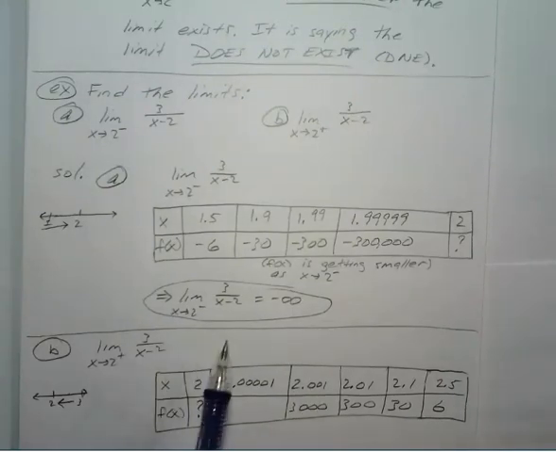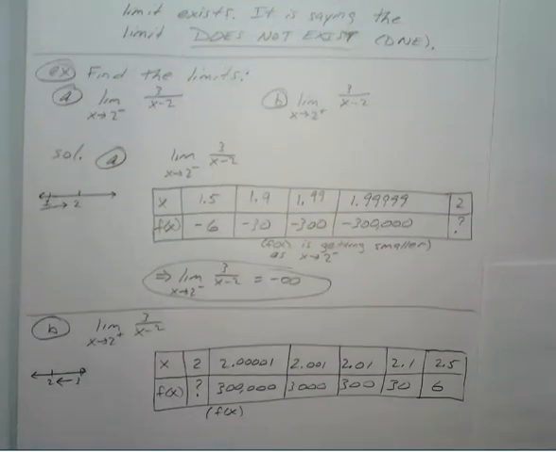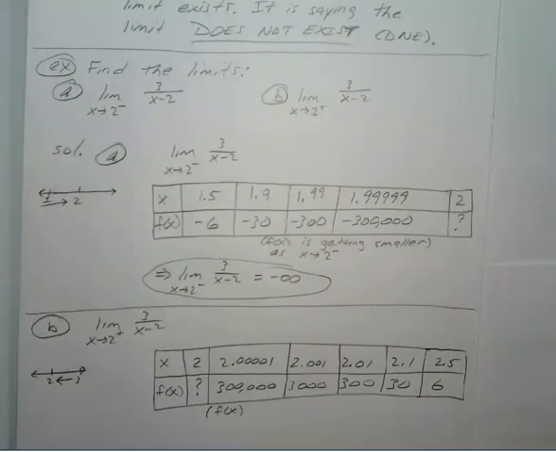If we plug in 2.00001, we end up with 300,000. Now you see here, your f of x is actually getting bigger as x approaches 2 from the right.